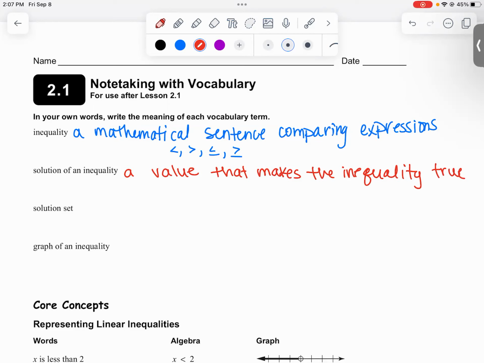We're not going to say infinite solutions, even though technically there are an infinite number of numbers that make sense in our inequality, but we'll describe them and we'll graph them. When I ask you for the solution set, I'm asking you for all of the solutions.